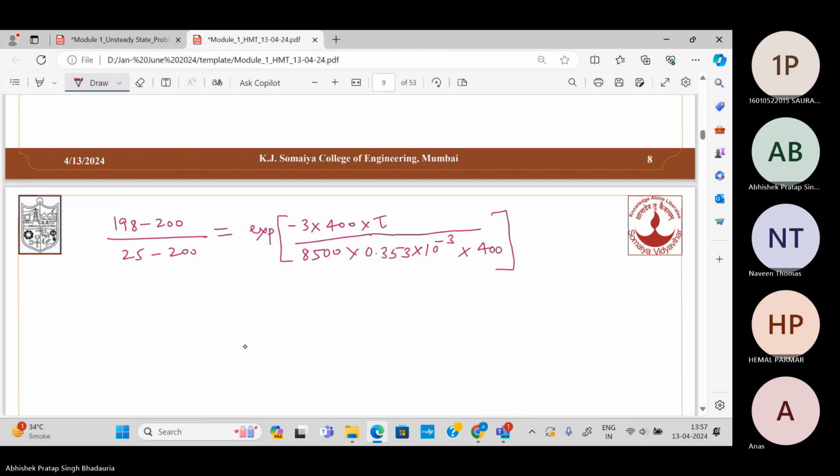That's it. You can see we have one equation, only one unknown, that is tau.